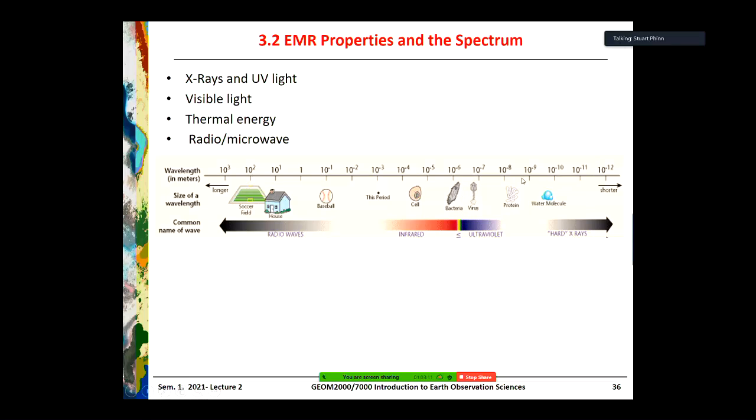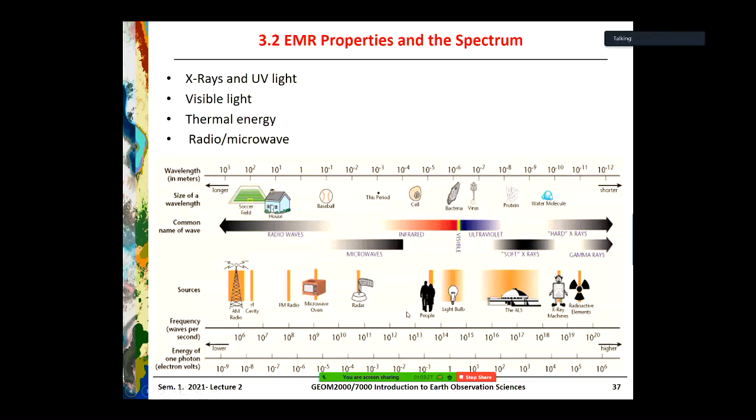This is giving you an idea: nanometers, 10 to the minus 9th meters, micrometers, sort of bacteria, virus, cell, but then getting into meters, and then radio waves, longer, etc. And then just some other dimensions there to have a look through. The bulk of what we're going to talk about in the course is going to be in the visible, infrared, and then microwave portion of the spectrum.